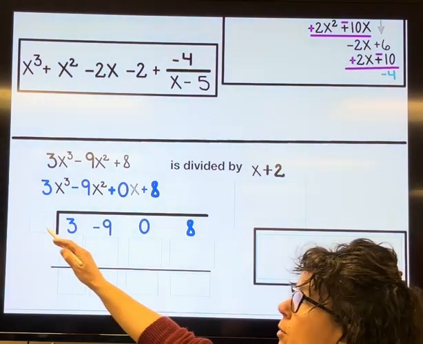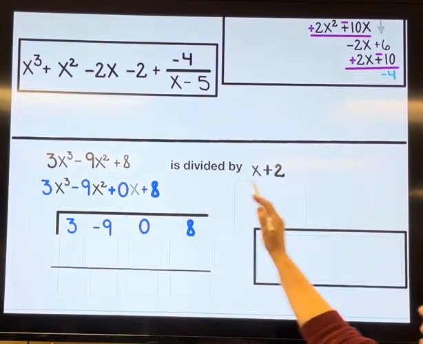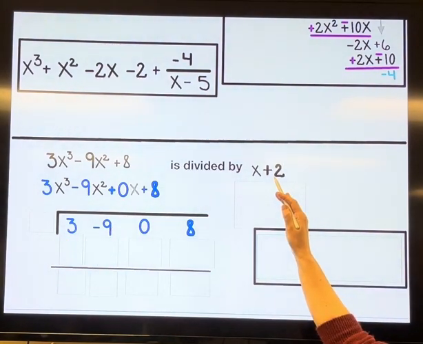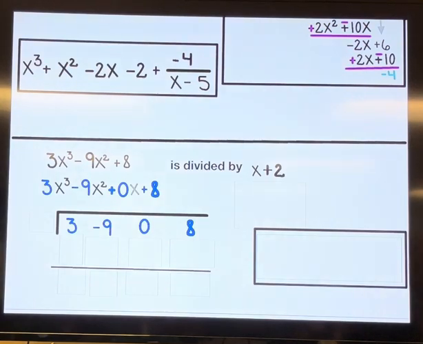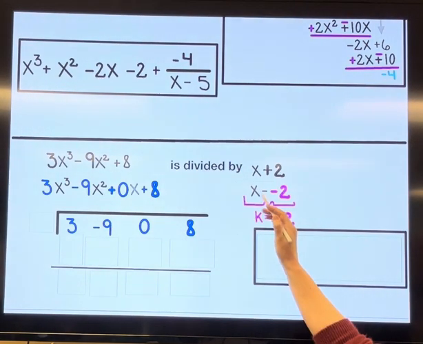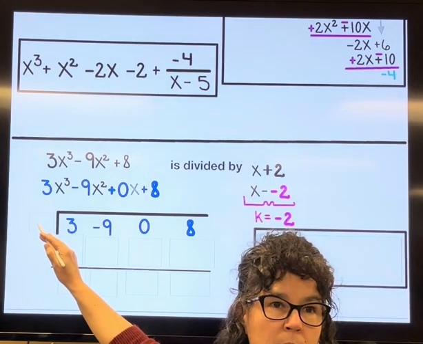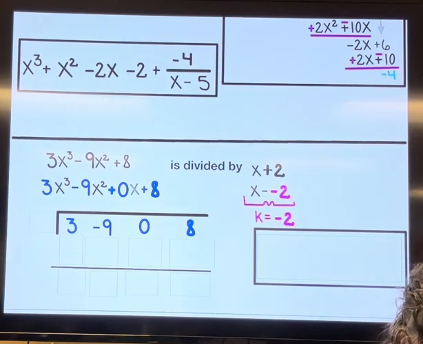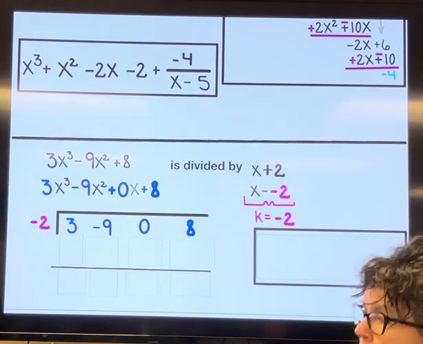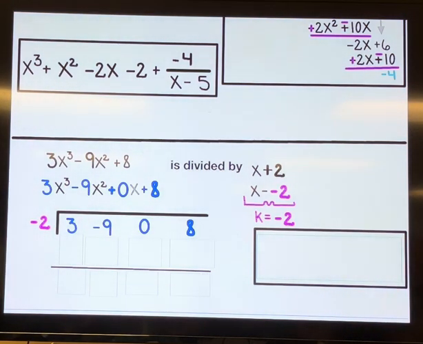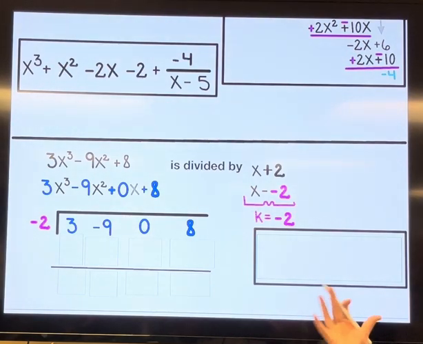Okay, then what are we going to divide by? It's going to be the opposite of this number. And the reason is this comes from x minus k, right? So I'm going to take -2 and I'm going to put that one right there. Now before I go too far, I want to just emphasize what in general my answer is going to look like.